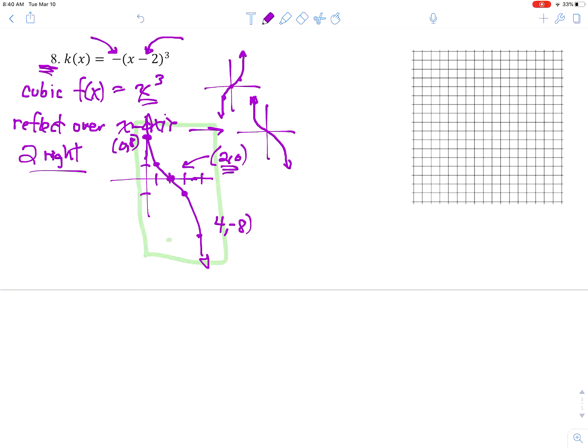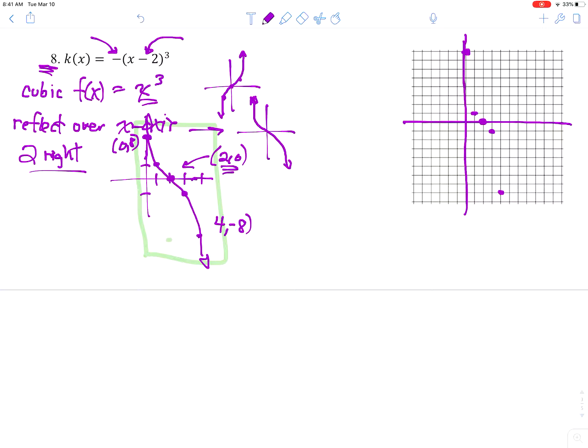So I'm just going to choose to put my axis a little bit off to the left, the origin. I put the point (2, 0). It's going to be (3, 1) and (1, 1), (0, 8), and going 2, 4, 6, just enough, and (4, negative 8), 2, 4, 6, negative 8.